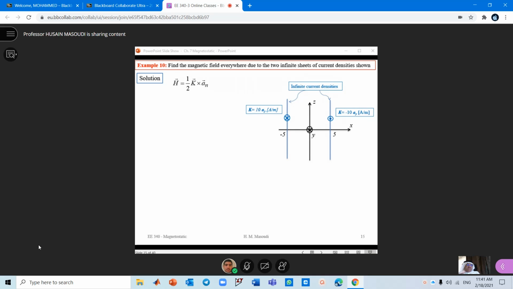We have 3 different regions. So you need to say that in this region it is equal to this, in this region it is equal to this, and in this region it is equal to this. So the 3 different regions in the same chart. You can say in this region is 0, but we need the others as well.